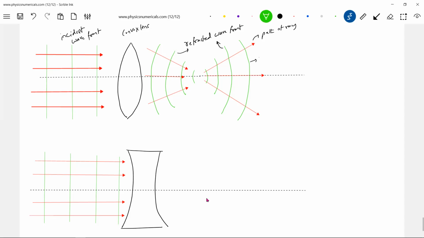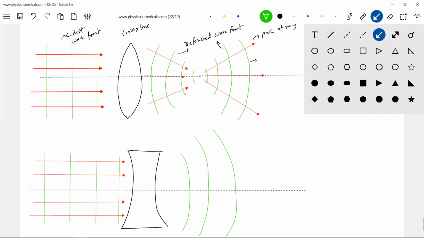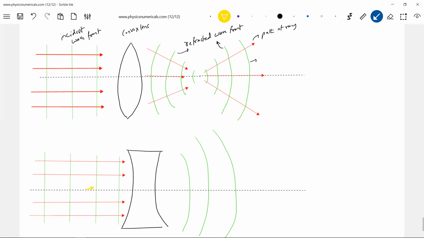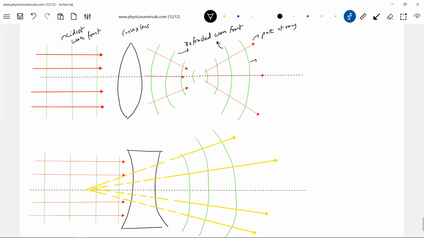So therefore the ray will be, okay. This is the diverging lens or concave lens.